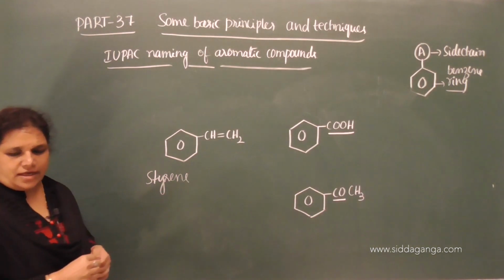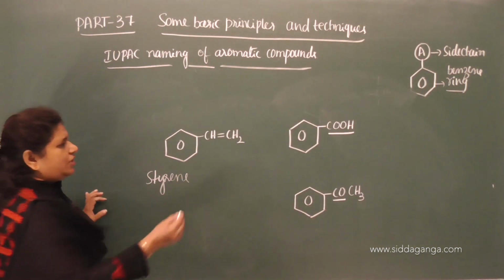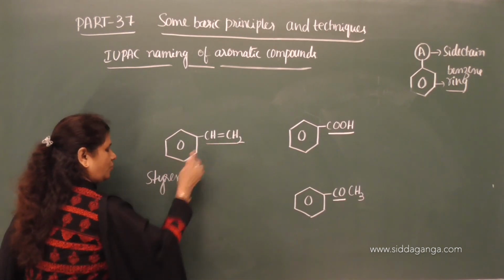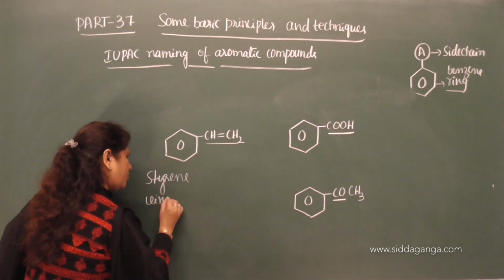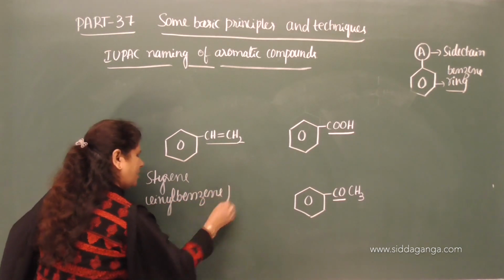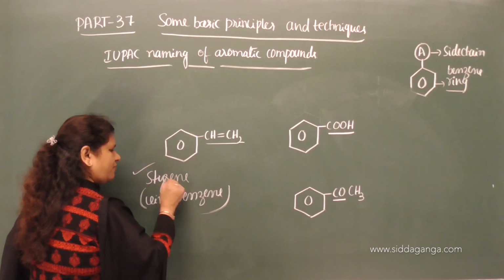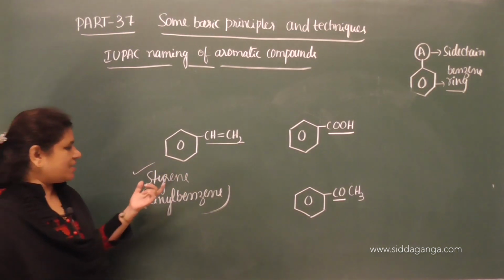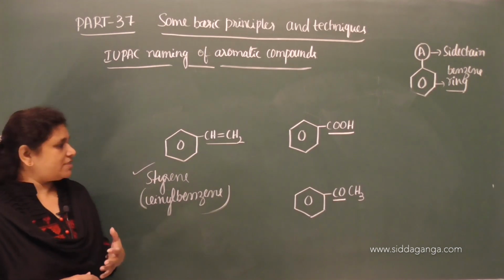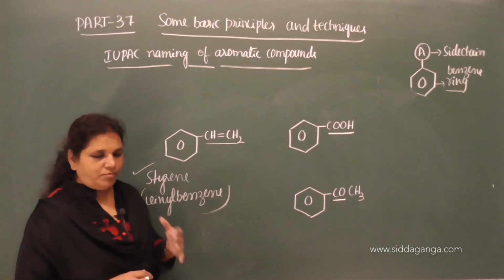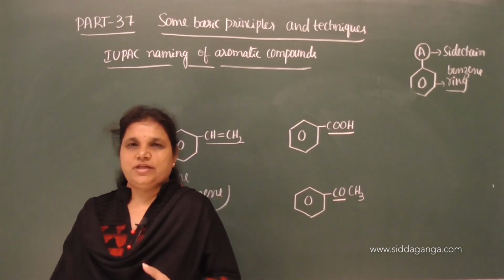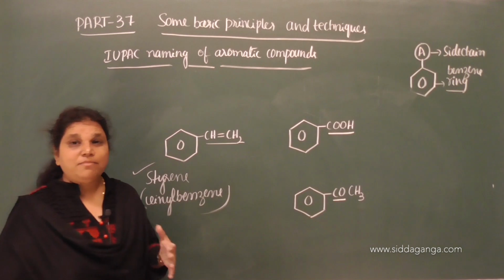The common name is styrene, or you know that the name of this group is vinyl group, so you can name it as vinyl benzene as a common name, and the special name for this is styrene. It is a commercial name. You have heard about polystyrene. Polystyrene is one of the important polymers which is mainly used as a packing material.